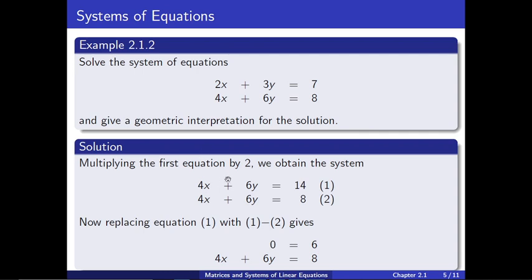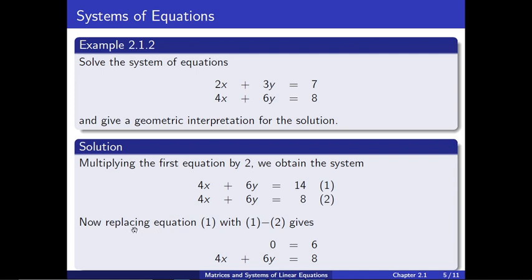If we multiply the first equation by 2, we'll see that we have 4x plus 6y is equal to 14, and now we have a new system with 4x plus 6y is equal to 14 as equation 1, and 4x plus 6y is equal to 8 as equation 2.